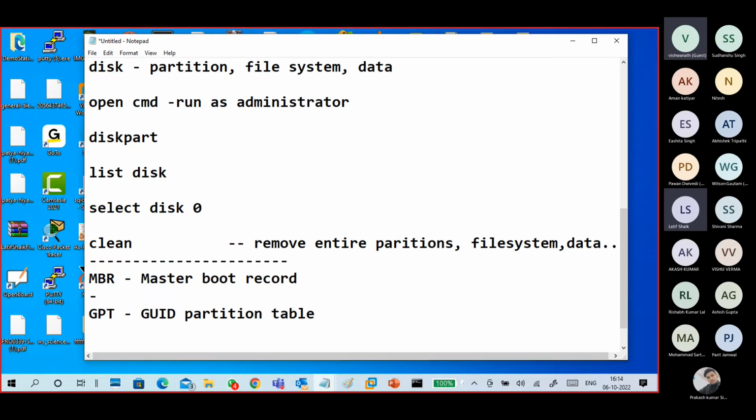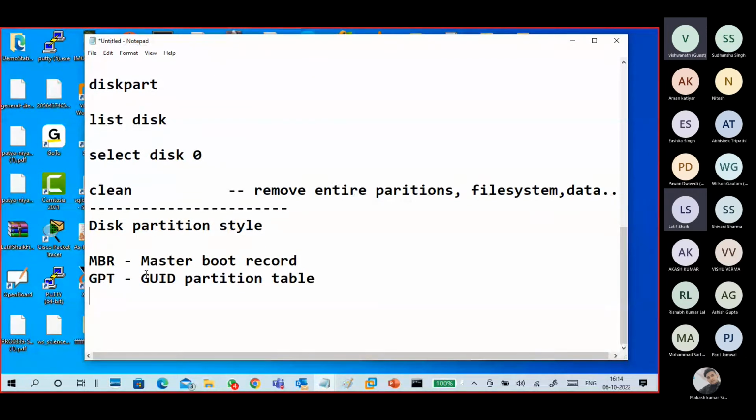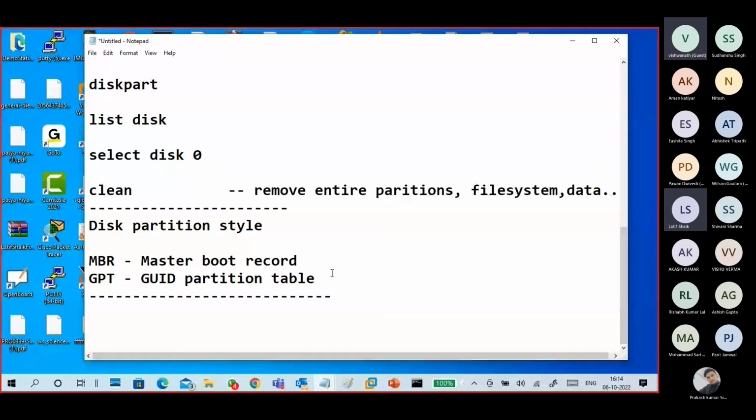These are nothing but disk partition styles for your hard disk. Of course there are more details, and we will cover those.